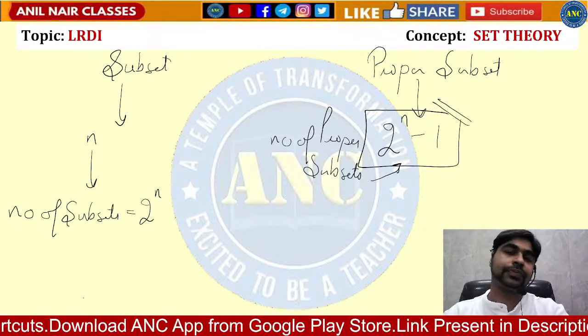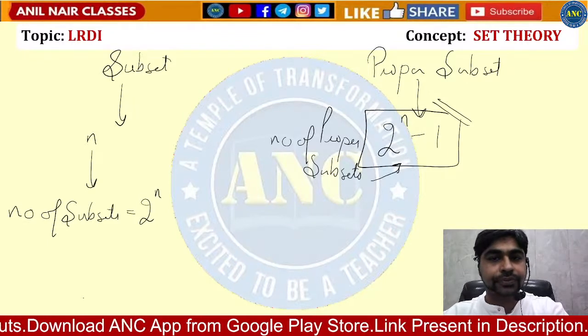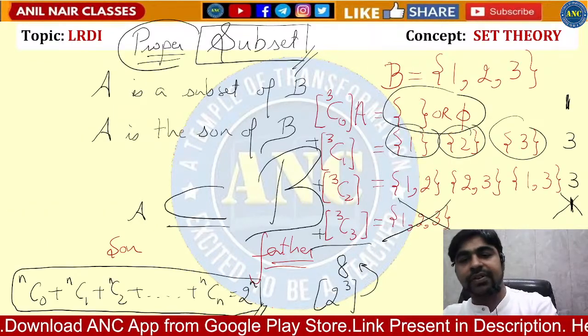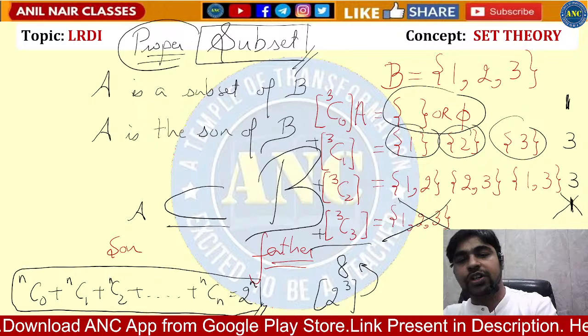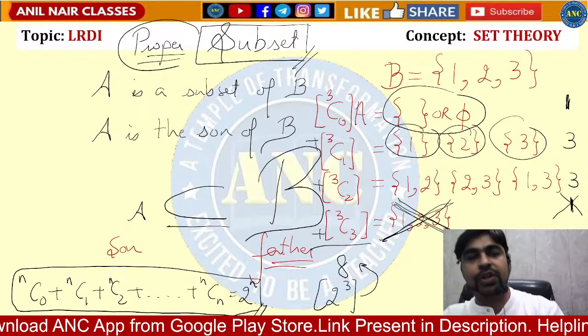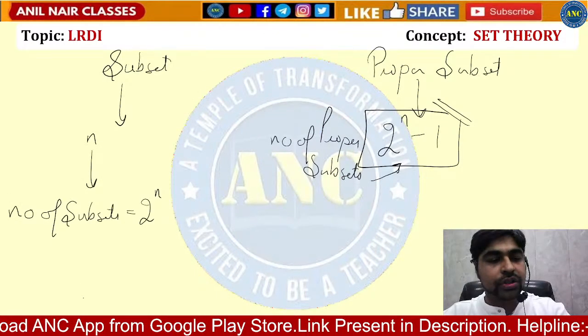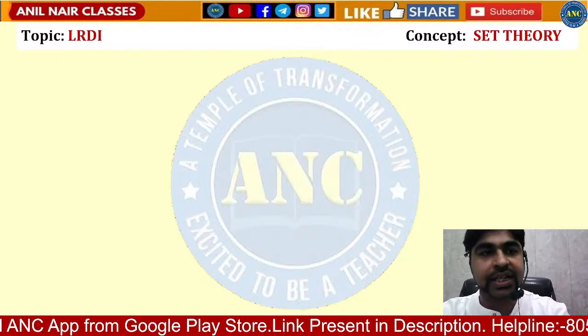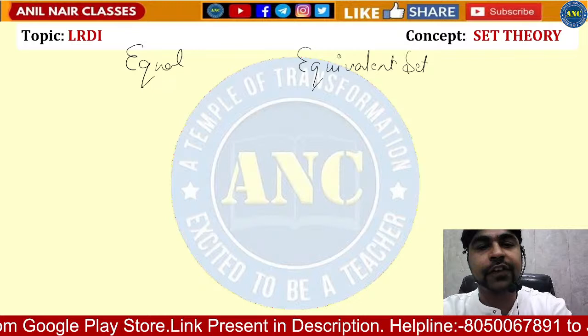Now, which element was not supposed to be taken? This one, when A becomes equal to B. Now, you should also know what is an equal set and what is an equivalent set. If the number of elements in A and the number of elements in B become equal, then that is called an equivalent set.